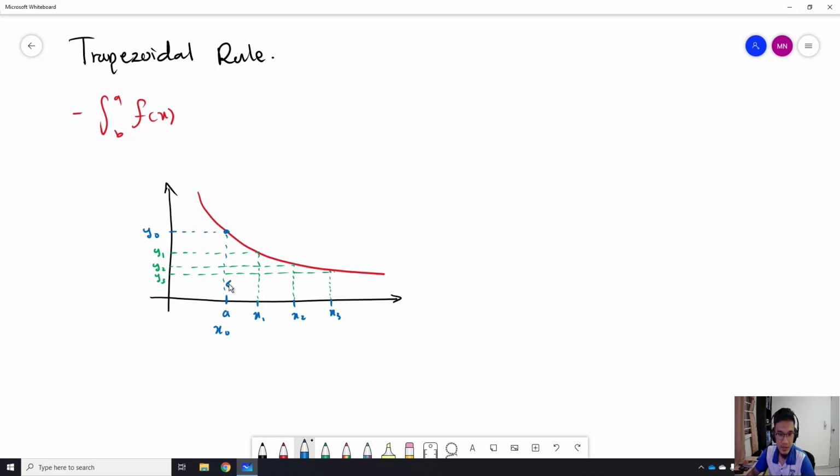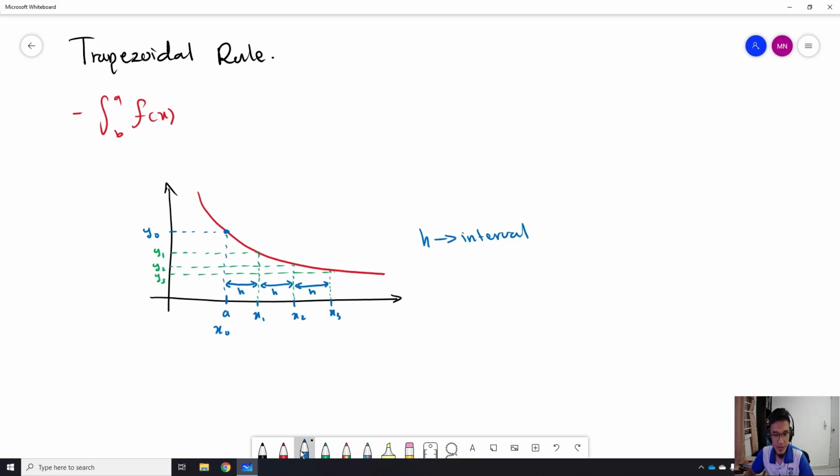The situation here is that the distance between x0 and x1, x2, and x3 is the same. The distance from A to x1, x1 to x2, and x2 to x3 has the same length. That length is denoted as h, and h means the length of the interval.